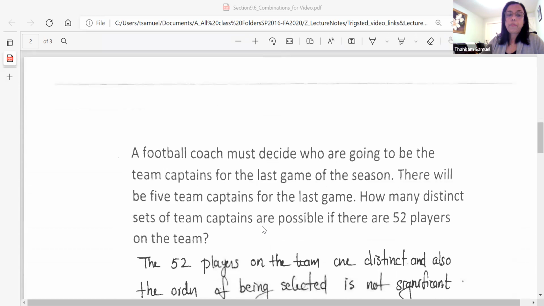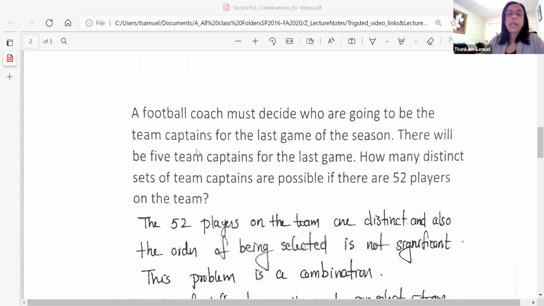Let's look at another problem. A football coach must decide who are going to be the team captains for the last game of the season. There will be 5 team captains for the last game. How many distinct sets of team captains are possible if there are 52 players on the team?